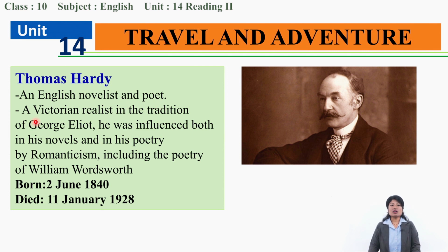Both belong to a Victorian realist in the tradition of George Eliot. He was influenced both in his novels and in his poetry. Okay, both his poetry and novels are influenced by Romanticism. That means his poems and novels are based on nature and the love of nature, including the poetry of William Wordsworth.